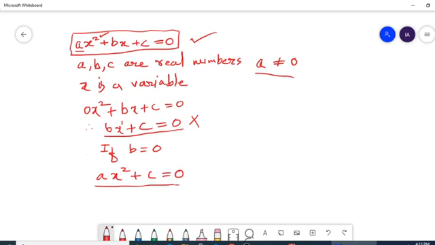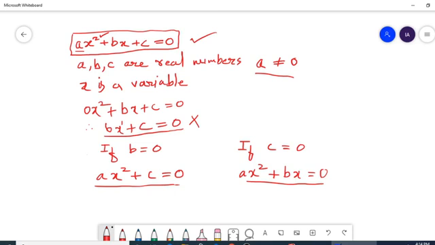Now further, if c is 0, then this equation will become ax square plus bx equals to 0, and even this equation will remain as quadratic equation.